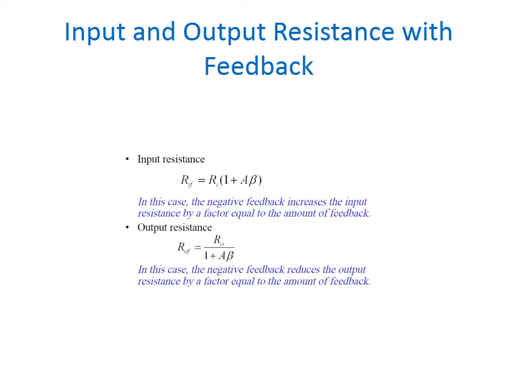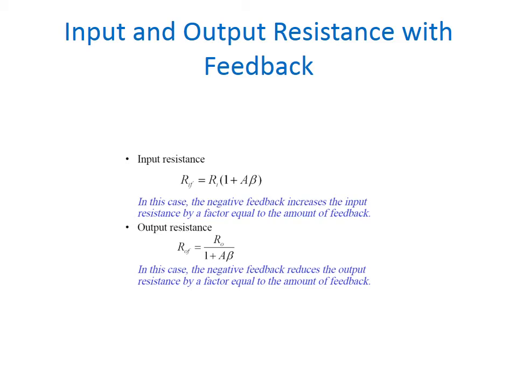So here the input resistance can be calculated using RIF equal to Ri into (1 plus A beta). Here RIF is nothing but the input resistance with the feedback, Ri is nothing but the input resistance without feedback. So in this case the negative feedback increases the input resistance by a factor equal to the amount of feedback.